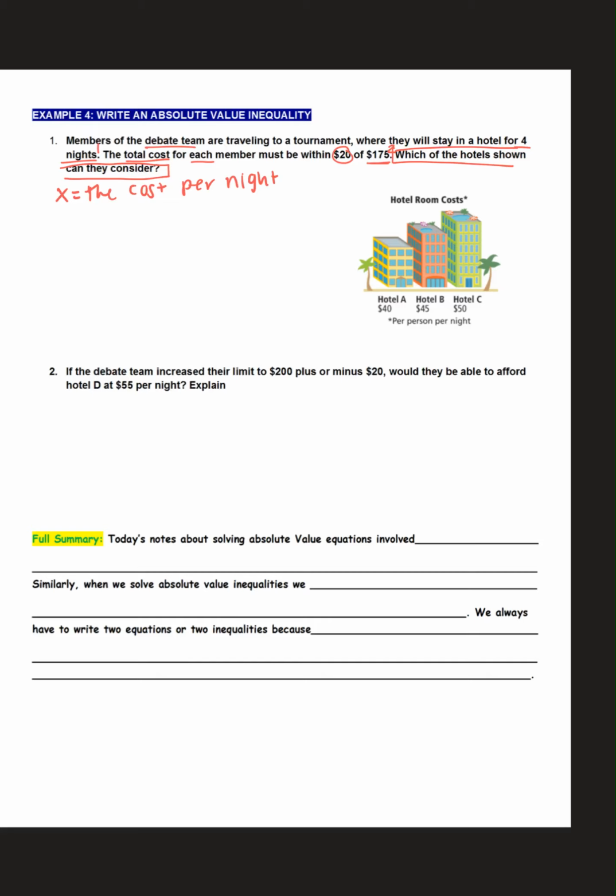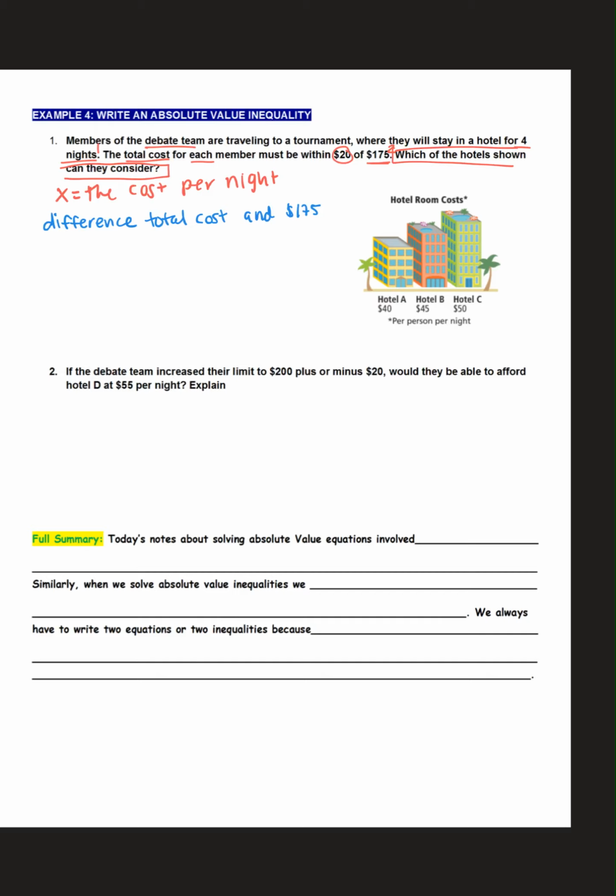So your setup is going to be the difference, meaning subtraction, in total cost and $175. And then we need to be less than a $20 difference on either side.